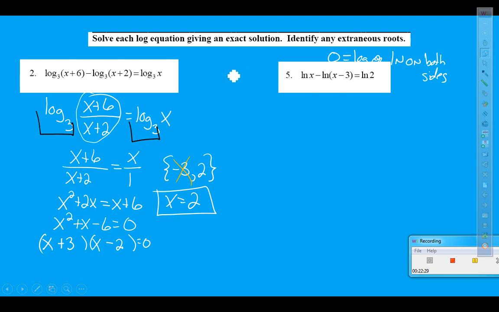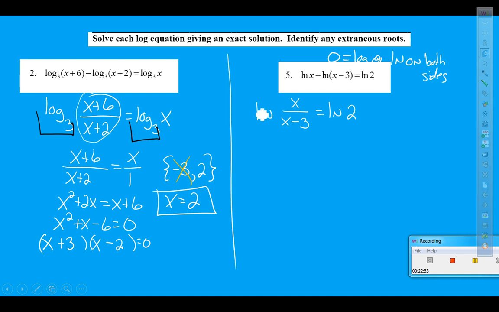Here's my number 5. It's going to behave the same way as number 2 did. Notice that there's a natural log on both sides of the equal sign. So here goes. I'm going to think of this as the natural log of x over (x minus 3) equal the natural log of 2.